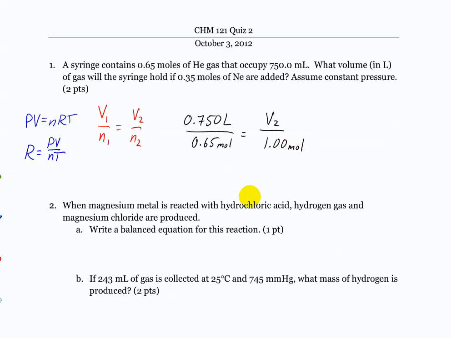Yeah? Okay. So V2 is going to be 0.75 divided by 0.65, since that's just one, which is 1.15 liters.